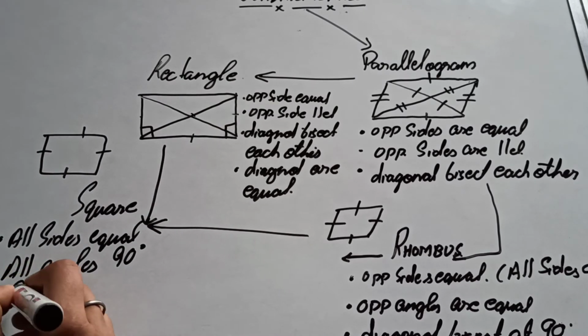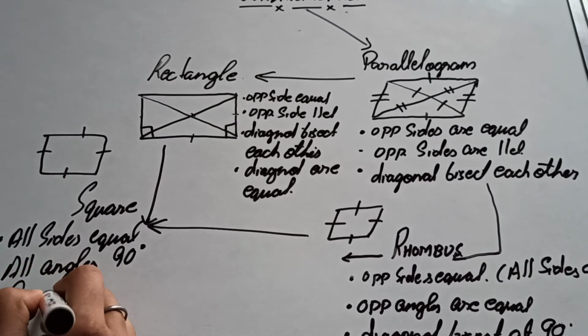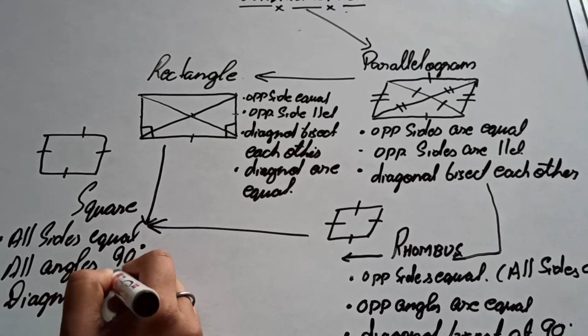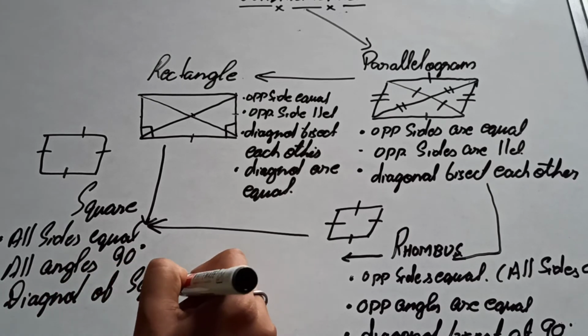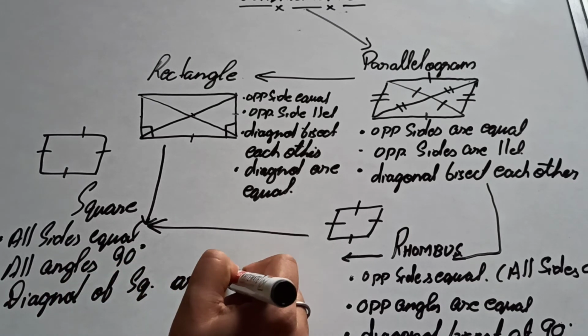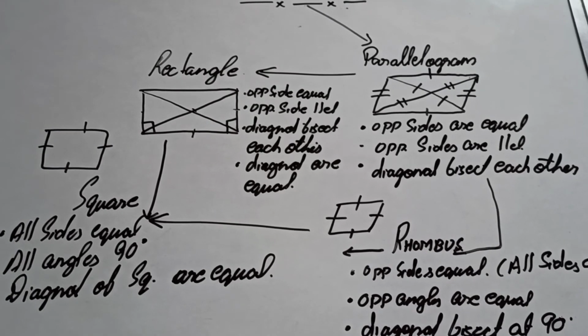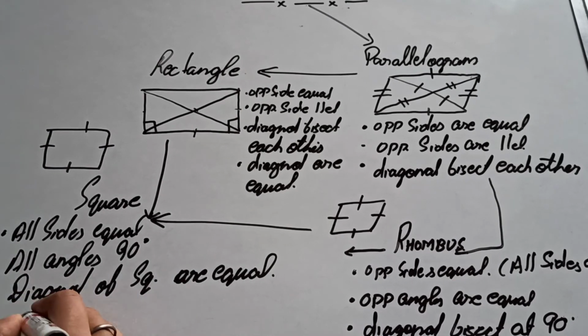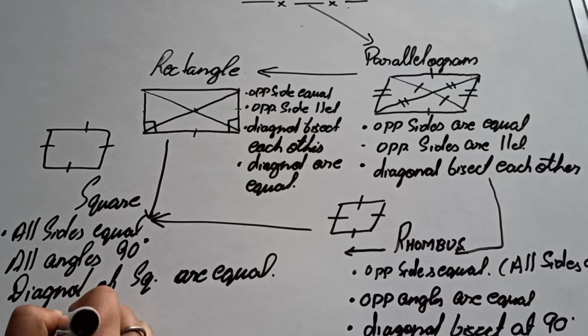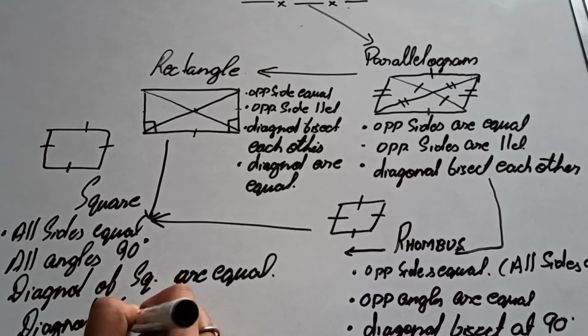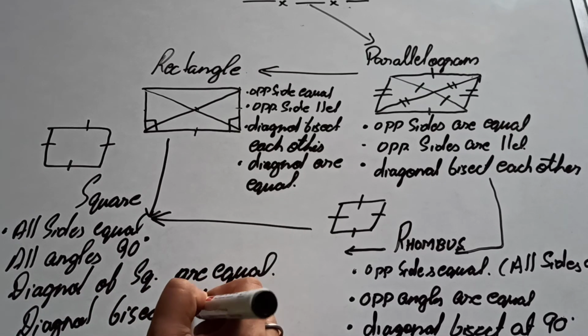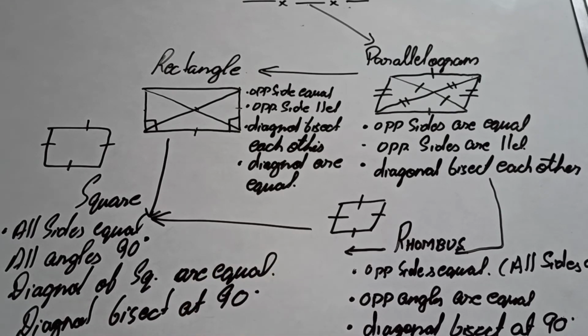This is a property of a rectangle. And along with that, the diagonals of a square also bisect each other at 90 degrees. This is a property of a rhombus.